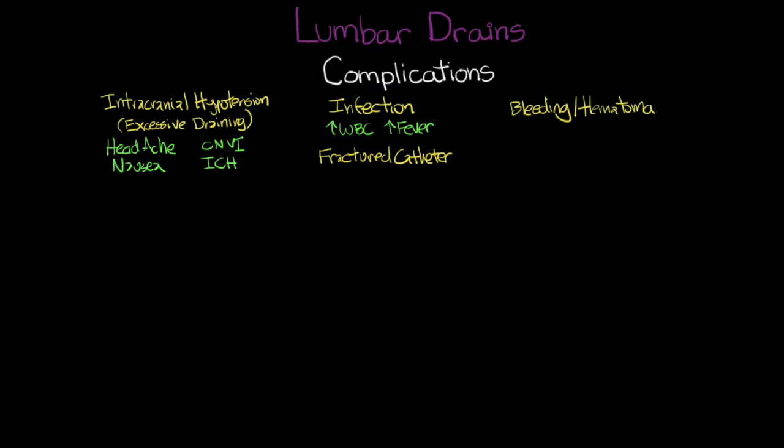And so the important things to look for with this are going to be lower extremity deficits, so if your patient is awake and responsive, you want to be checking their motor strengths and sensations. And if they are unresponsive, then we also want to be looking at their deep tendon reflexes.